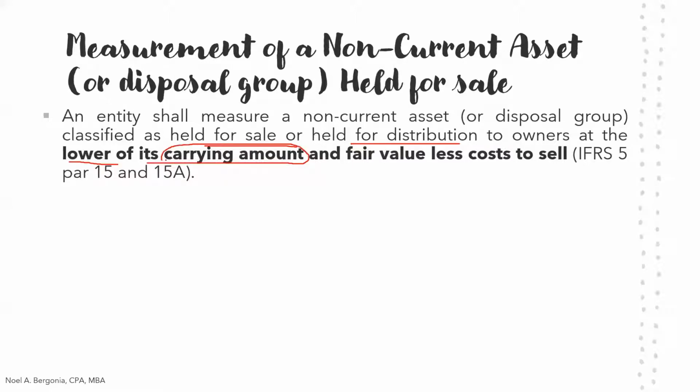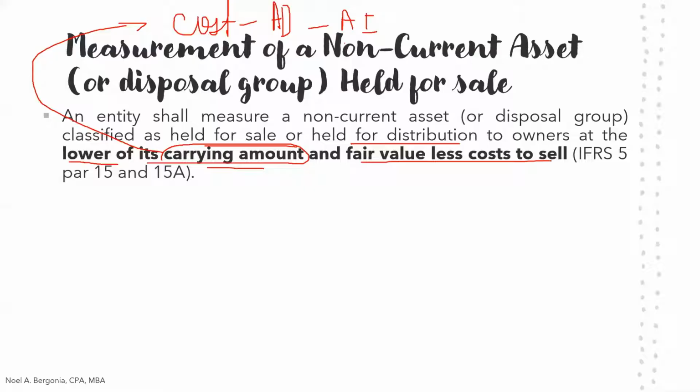If your non-current asset was a PPE using the cost model, its carrying amount is the cost less accumulated depreciation or accumulated impairment, from the time of reclassification. Or if it is the revaluation model, then the carrying amount is as indicated in our revaluation model, the fair value less subsequent accumulated depreciation or accumulated impairment. Compare that carrying amount to our fair value less cost to sell.